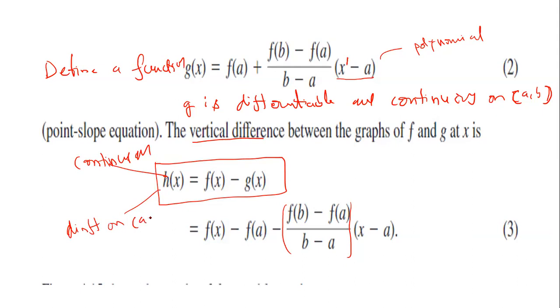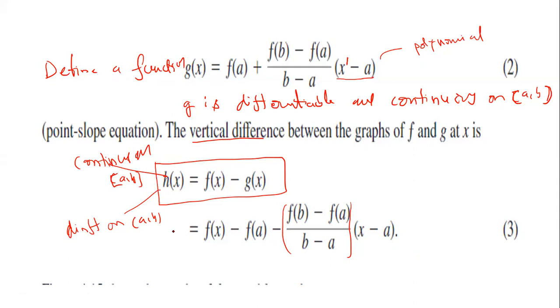So finally, here we have to understand one important concept. Here h is continuous on the closed interval a b and h is differentiable on the open interval a b. This is very, very important to you.